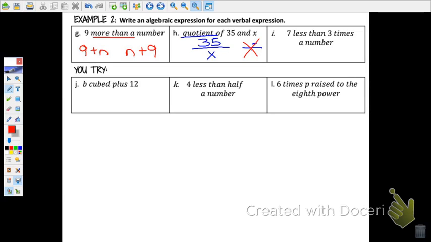And then I says 7 less than 3 times a number. How do you think we would write that one? 7 less than, Kenzie? 3n minus 7. Very good. 3n minus 7. Less than is words that you need to be very careful of.